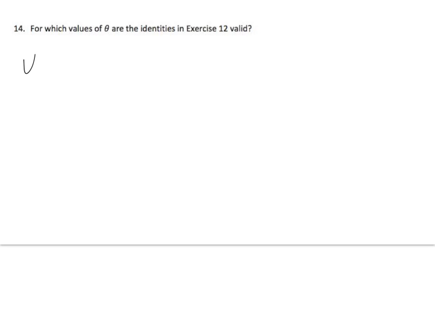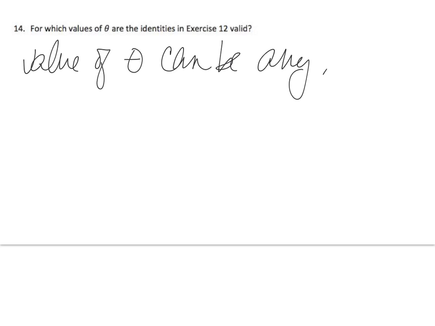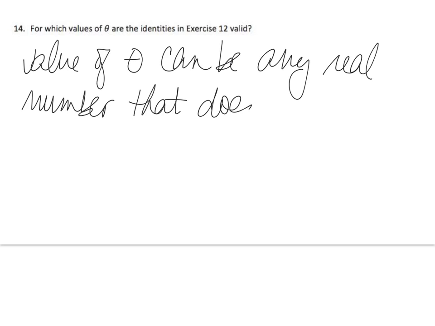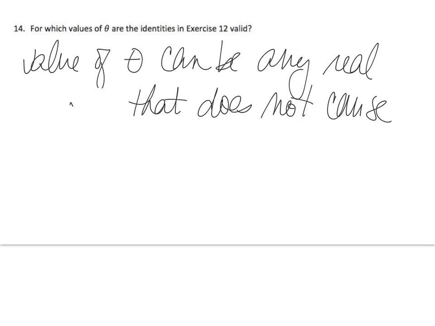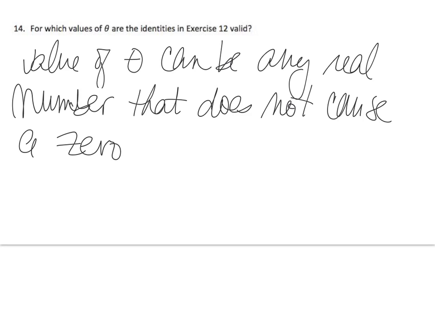So we can show that the value of theta can be any real number that does not cause a 0 in the denominator. That's where we get our asymptotes.